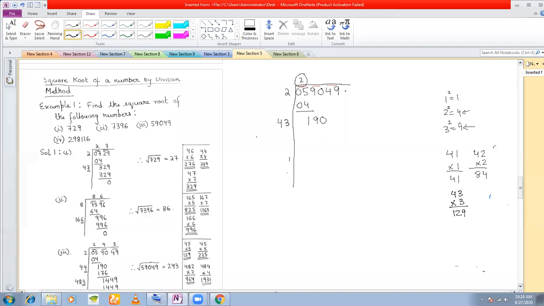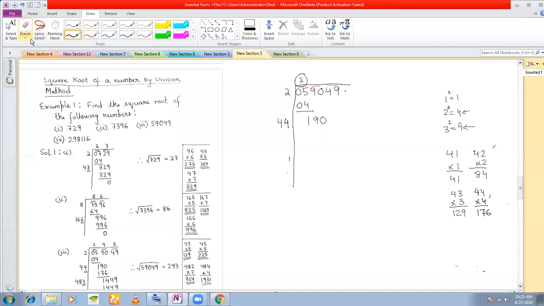But we'll try one more. We'll try 4 also. 44 into 4 is 176. So 176 is very close to 190.